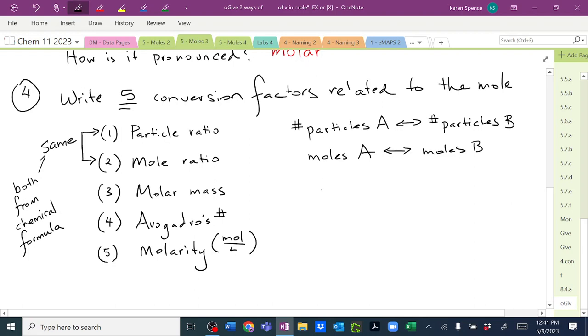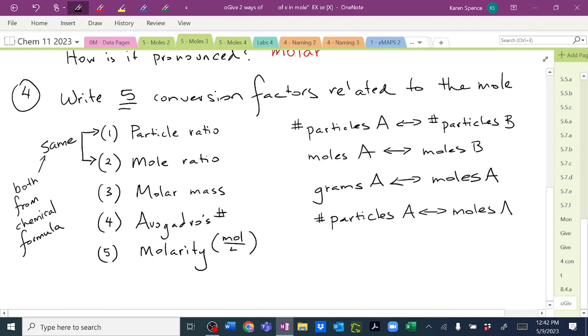Yeah, we're converting grams of A into moles of A, or vice versa. And Avogadro's number? The number of particles of A into the number of moles of A.